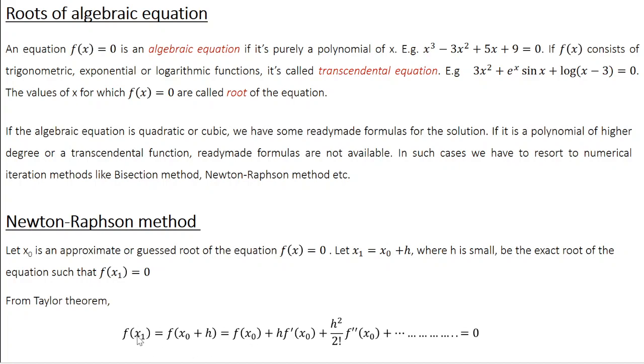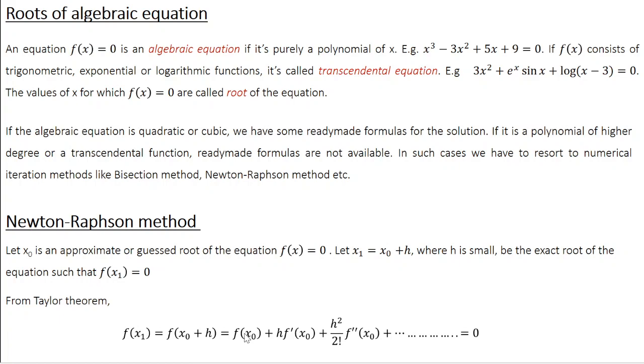So I write f of x1, which is equal to f of x0 plus h, as f of x0 plus x1 minus x0 into f prime of x0 plus x1 minus x0 square by 2 factorial f double prime of x0 all the way to infinity, where f prime is the first derivative, f double prime is the second derivative, etc. Now from this equation, you can note x1 minus x0 is h.